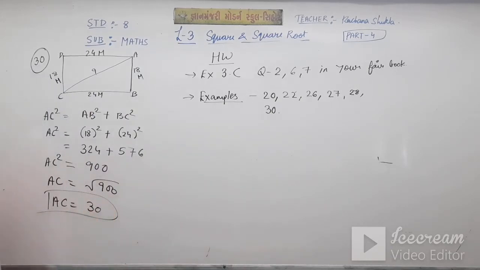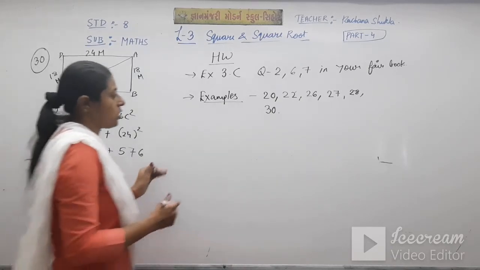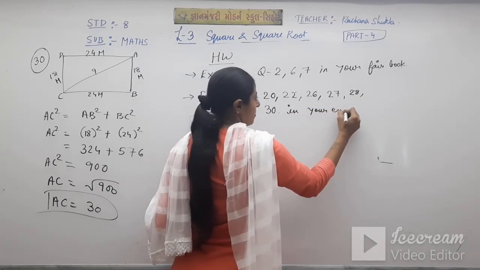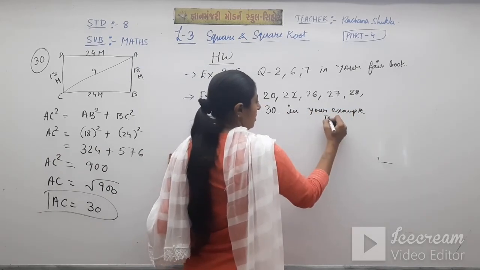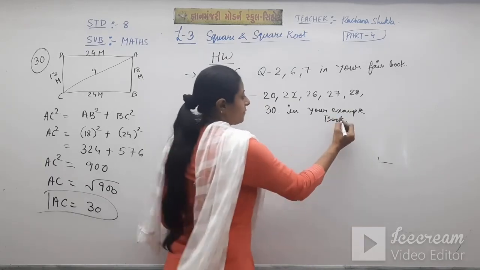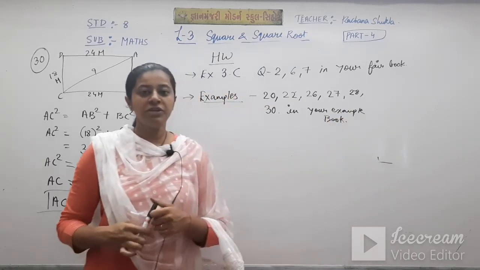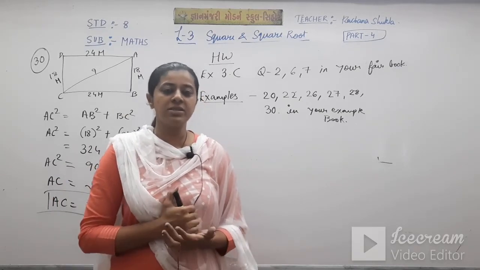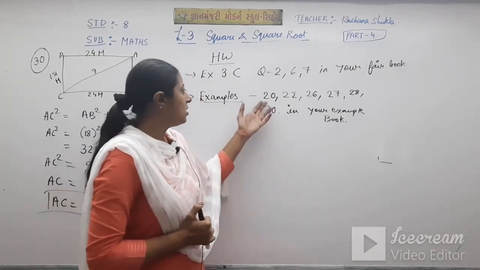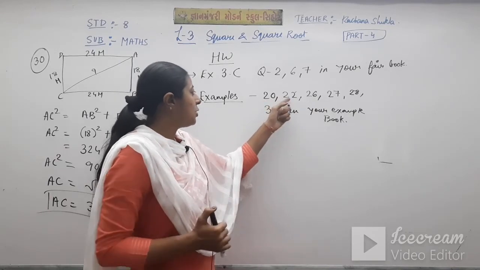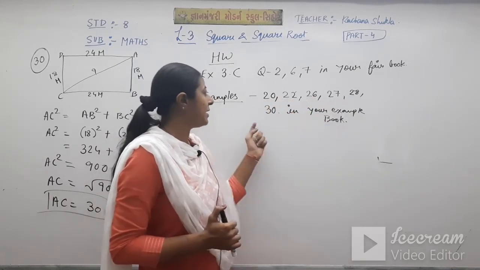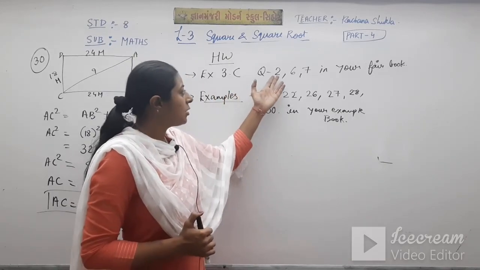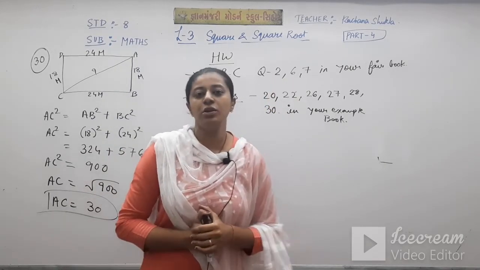Yes, you will do this much examples in your example book. No need of doing other examples which I have not mentioned on the board. So don't do other examples in your example book. Only do this much examples 20, 22, 26, 27, 28 and 30 in your example book, and complete exercise 3C, question 2, 6 and 7 in your fair book.